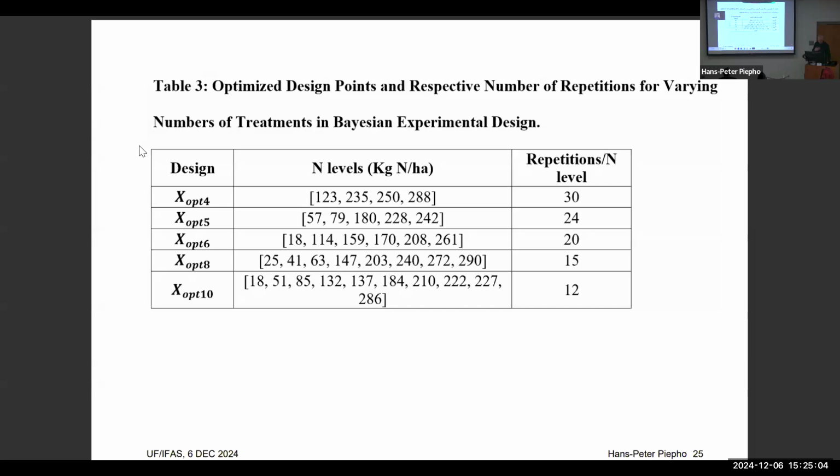So here's the result of that optimization. The first is where we want 4 levels, and these are the levels that come out. And so forth. For 5, here's the optimum, and the number of levels is 5. And finally, for 10.